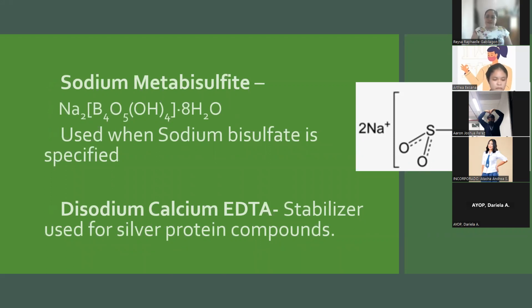Protect the cells, ma'am. Okay, to prevent oxidation. Because during oxidation, there will also be a release of free radicals. That is oxygen with a -1 charge, and it causes signs of aging and different diseases. Okay, so we can use an antioxidant to prevent that from happening.